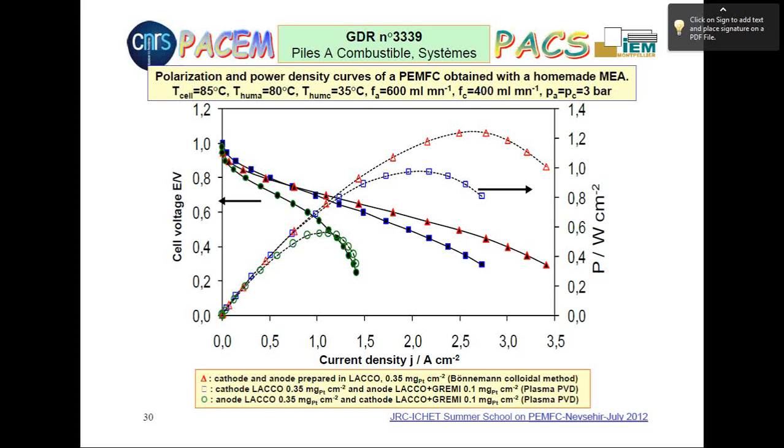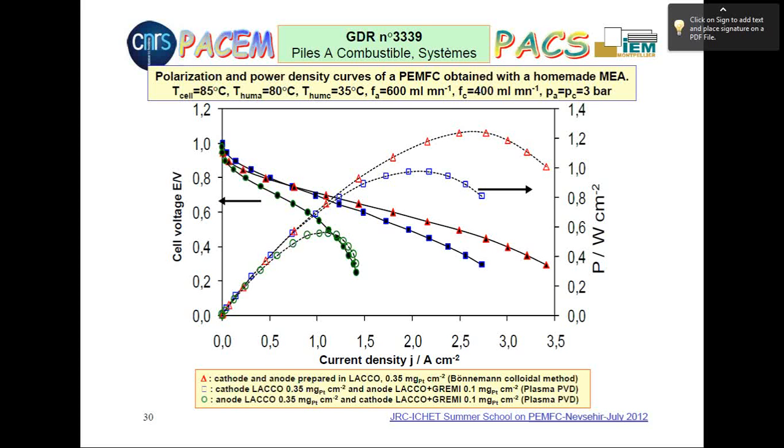We also developed another process, physical vapor deposition, with plasma enhanced physical vapor deposition, so we can deposit just a layer of platinum on the catalyst support, carbon, and you can reuse the mount.